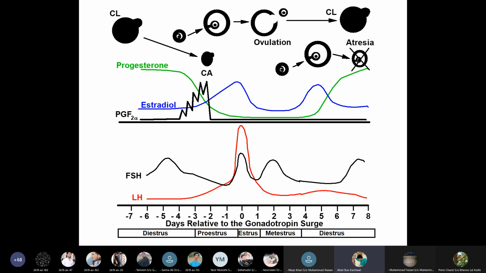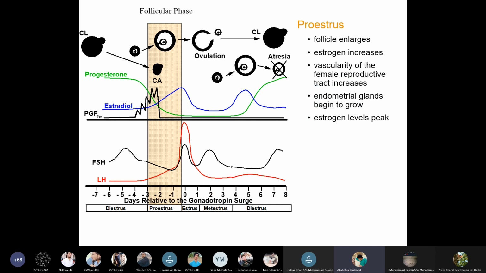Otherwise, if the pregnancy does not occur, then the metaestrus will start, after the metaestrus the diestrus will start, and diestrus is converted again into the proestrus.